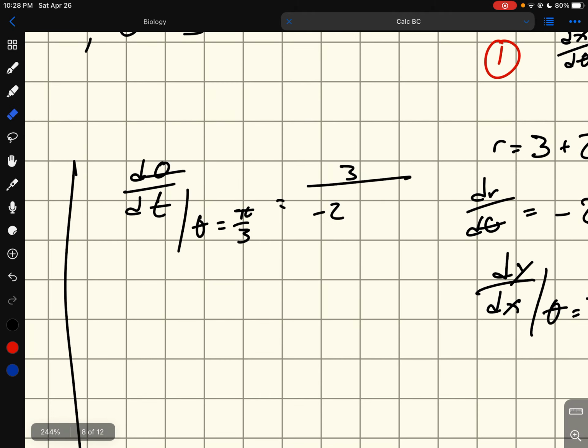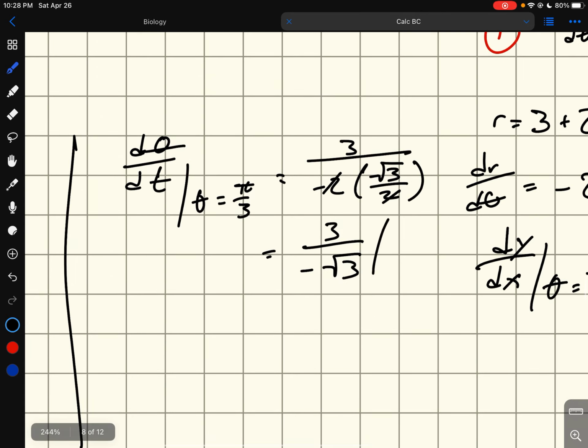So sine of pi thirds is square root of 3 over 2. But these 2's cancel out. So we have 3 over negative square root of 3.